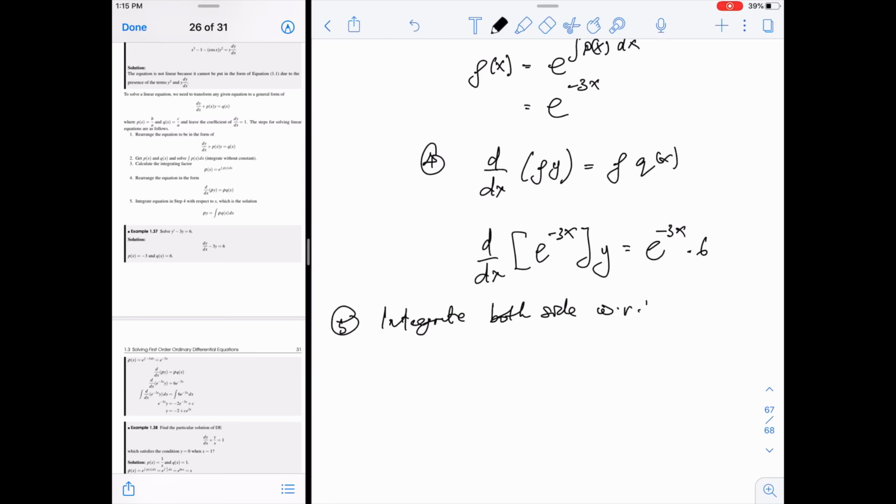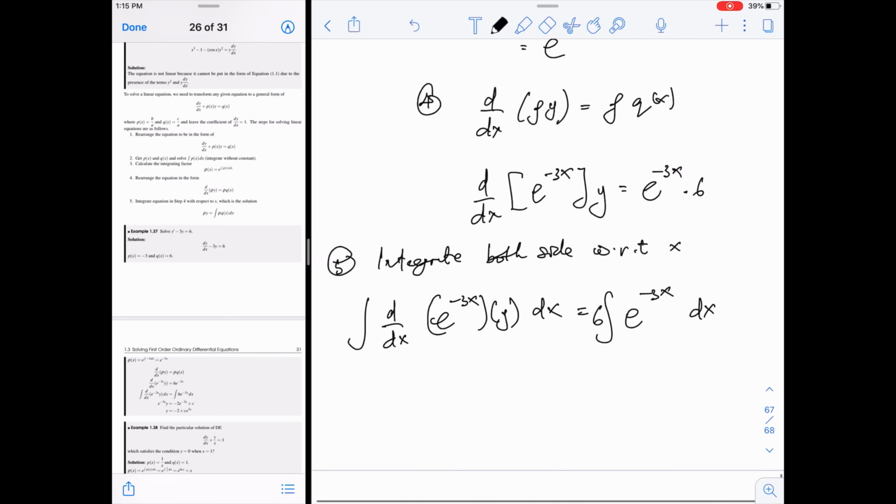with respect to x. So when I take the integration dx, I have the integral of d/dx of e^(-3x) y with respect to x. So I will have e^(-3x) y. 6 is a constant with respect to x.